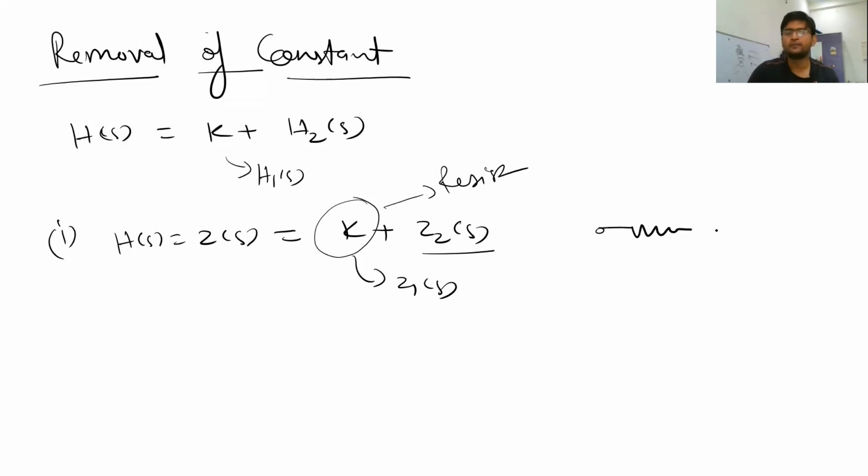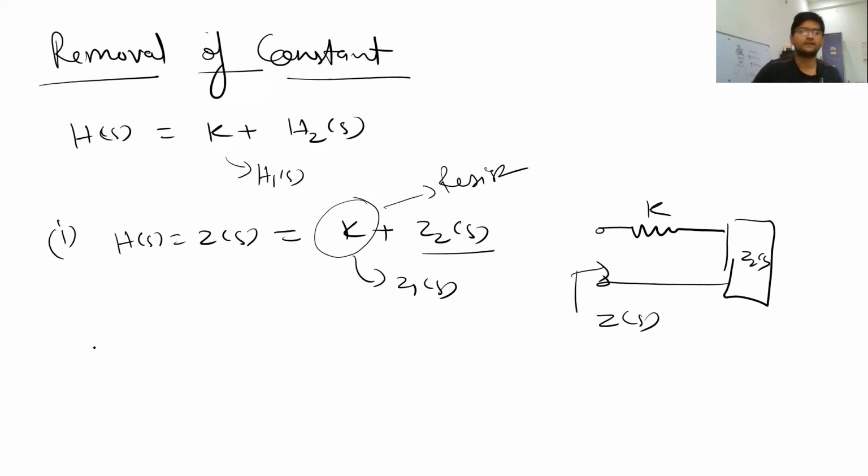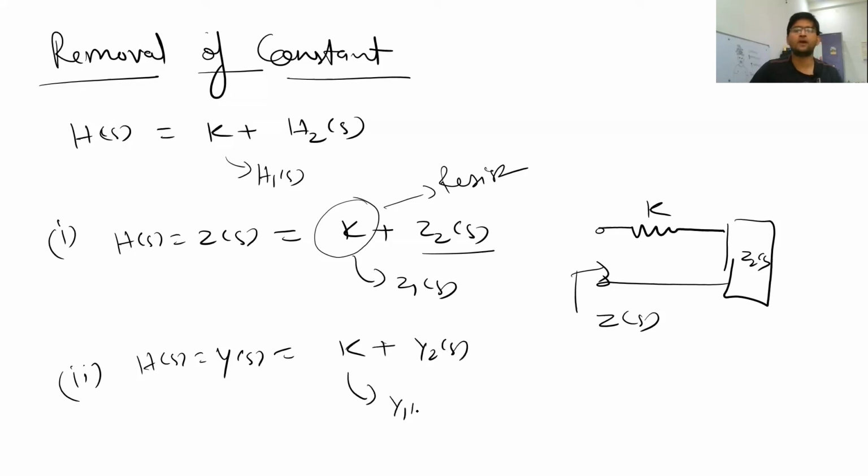So this will simply be a resistance in series with Z2s, and its value will be K, and this combination will be called ZS. Similarly, if I take HS as YS and represent it as K plus Y2S, this K will be representing Y1S. So the corresponding impedance value will definitely be 1 upon K.